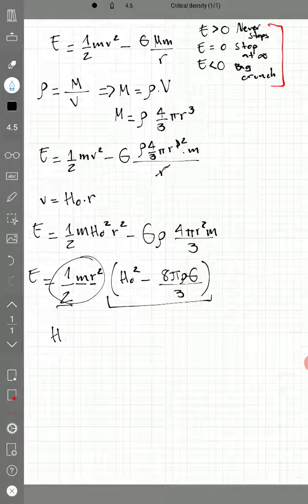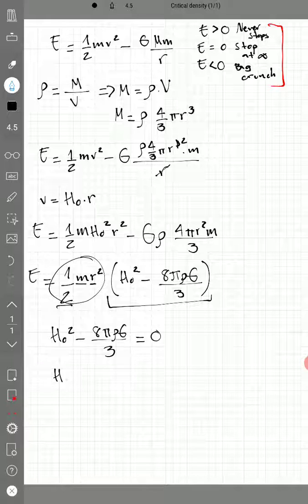So depending on how this relates, h0 squared, 8 pi rho g over 3. So if this thing is equal to 0, then we have the density that tells us that it stops at infinity.